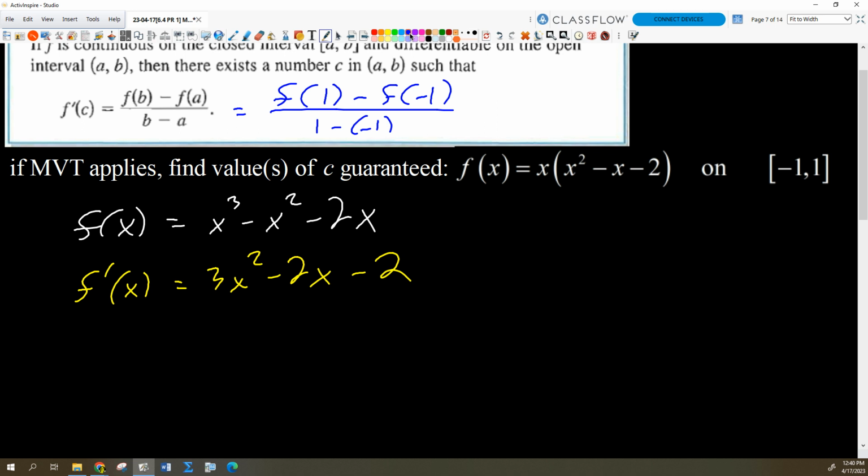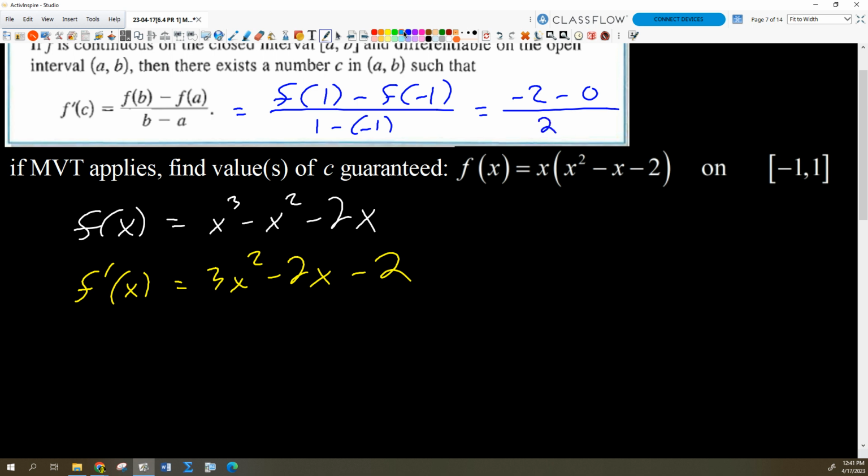What's f of 1? f of 1 is 1 minus 1, so 0, minus 2, so -2. What's f of negative 1? Here I'm getting negative 1 minus 1 is negative 2, plus 2, so 0. So negative 2 minus 0 over 2.